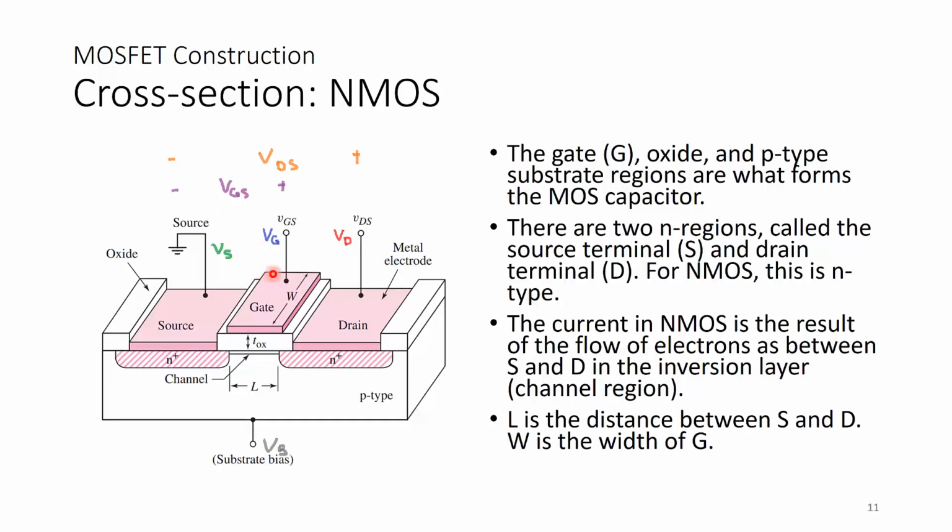If you apply voltage at the gate, you're applying VG, and at the drain, you're applying VD. But in a lot of the expressions for MOSFET, what you're considering is VGS, the voltage from the gate to the source, and VDS, the voltage from the drain to the source.